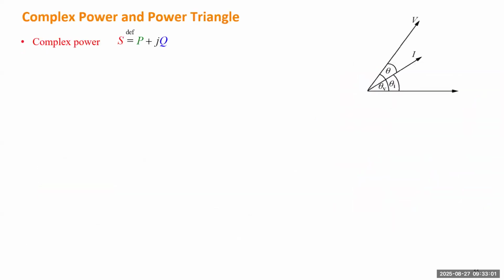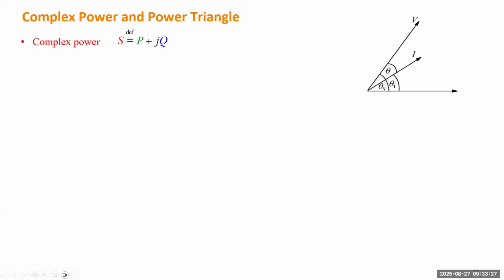All right. So we already defined P and Q separately. P will be the average power, right? Q will be how the load and source exchange energy. And we also define S as an absolute value, which is the apparent power. So it's very natural that we define a complex power.